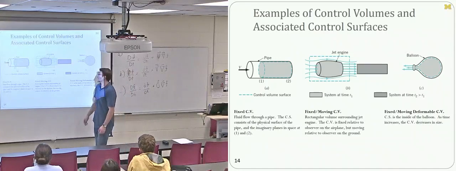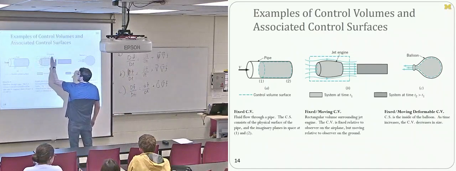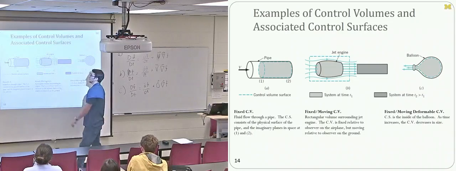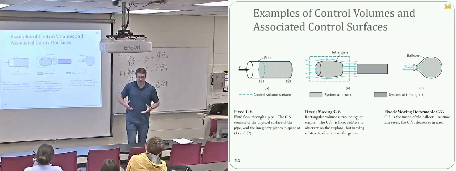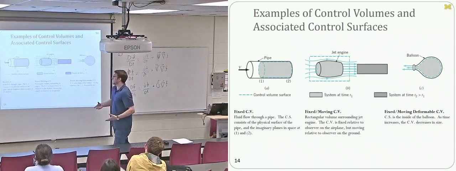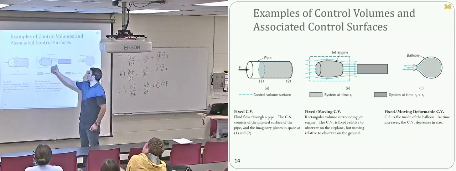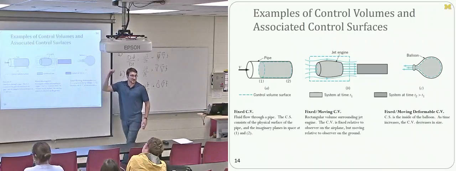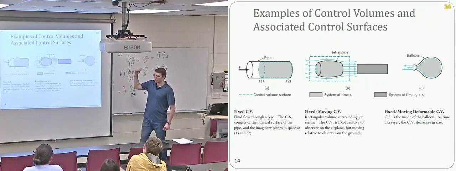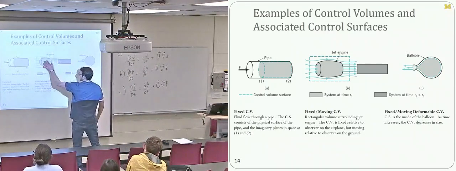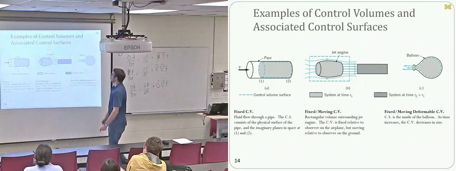So we could say a system is made up of all of the particles that are inside of the jet engine at some point in time. But a few seconds later, all of those particles are going to be kicked back out into the exhaust. So your system starts out here, ends up here, and your control volume moves on past.